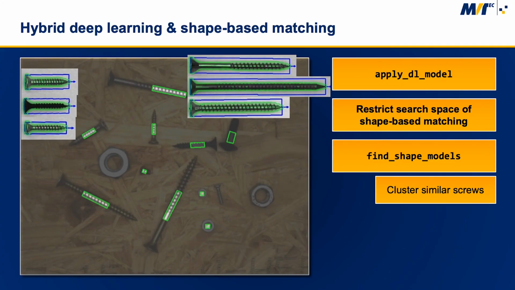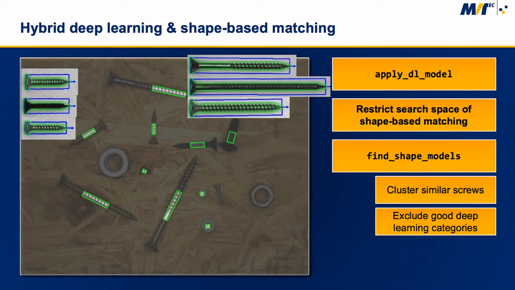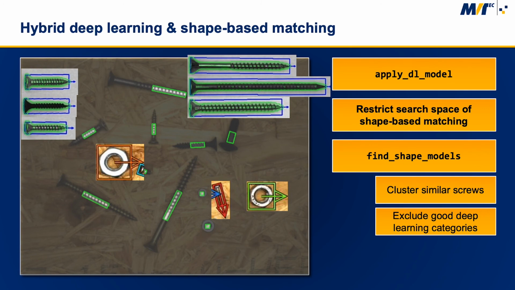If a medium-sized screw is found, we find the shape model for all medium-sized screws. And finally, we don't need to search again for the results that are precisely found by deep learning. For example, the nut categories are typically found very precisely by deep learning. And we have also seen that shape-based matching has some difficulties with the small screws. So here we just take the result from the deep learning-based object detection.